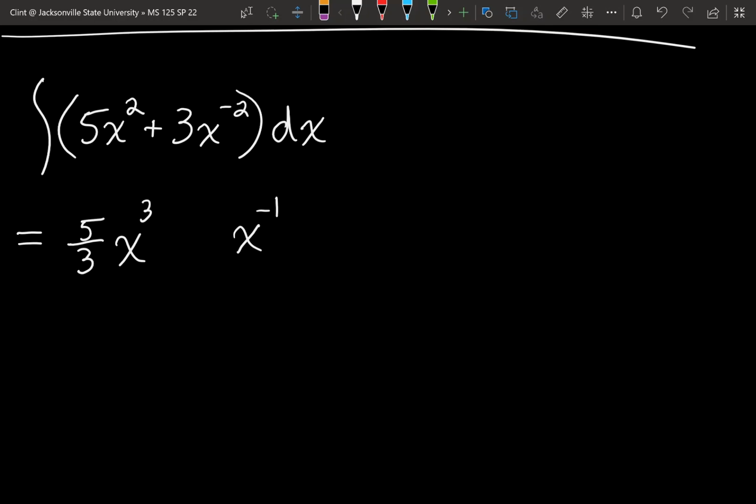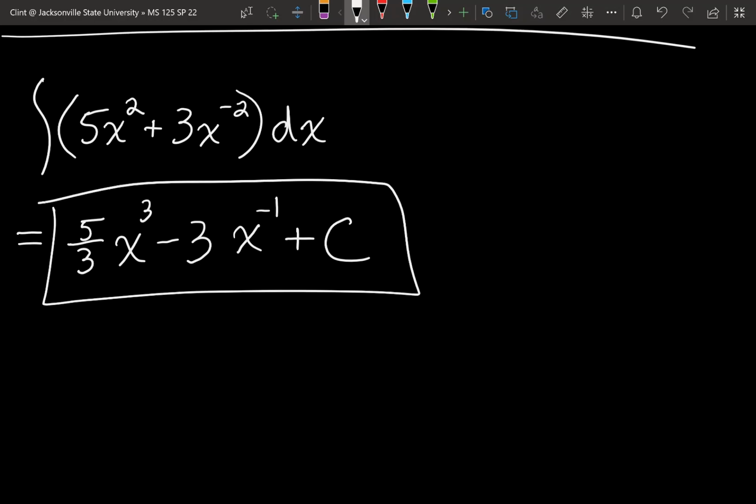So it was +3, so it turns into -3. And then on the indefinites, we got something we got to remember on all of them. Plus c. Yeah. We got to remember our constant of integration on that one, so that's fine for that one. Negative exponent should be okay.